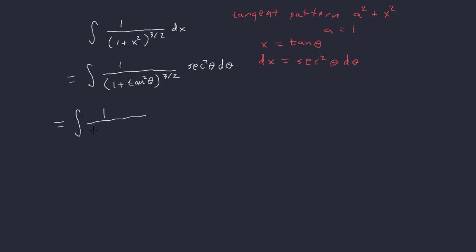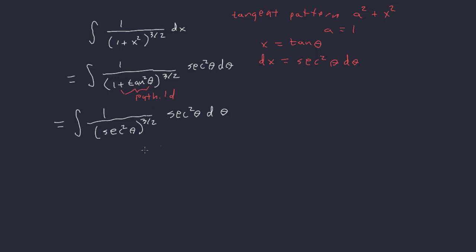Then using the Pythagorean identity, that's always our next step, that's going to become secant squared. So we have secant squared theta all to the 3/2, then we have secant squared theta d theta here.